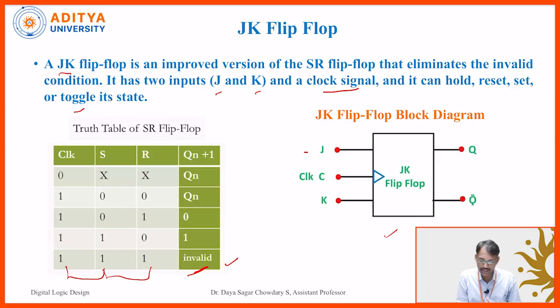J and K are the inputs, the clock is also an input, and Q and Q bar are the outputs. The angle here represents an edge-triggered clock signal, either positive edge or negative edge. If it is edge triggered, that means it is a flip-flop.